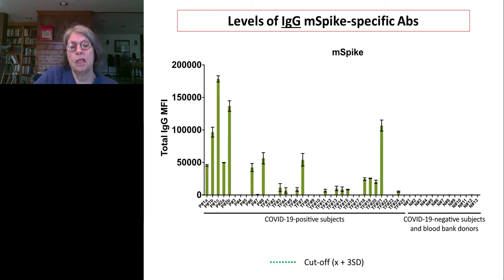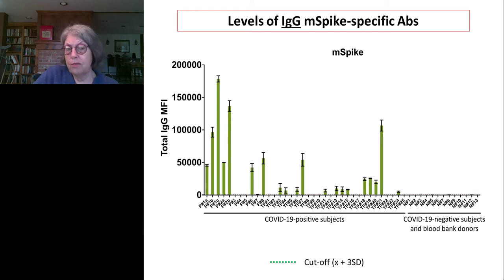these specimens come from individuals who are donors to the program at Mount Sinai to provide convalescent plasma for use as treatment. The titers of their antibodies are tested, and then if they have good antibody levels, they are selected for plasma donors for convalescent serum.